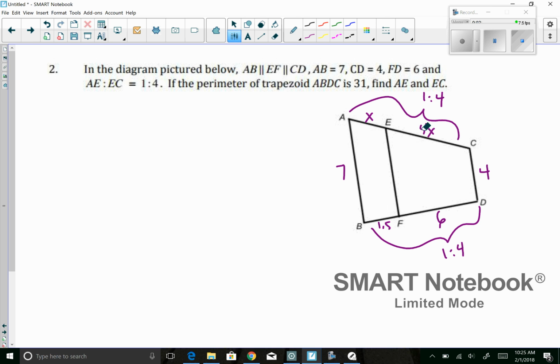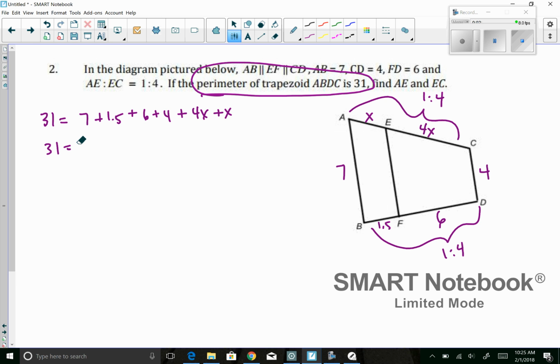I'm going to use the perimeter because it gives it to us. The perimeter is 31, and the sides that I know are 7, 1.5, 6, 4, 4x, and x. So 31 is equal to, if we combine like terms, 7 plus 1.5 plus 6 plus 4, which is 18.5, plus 5x.